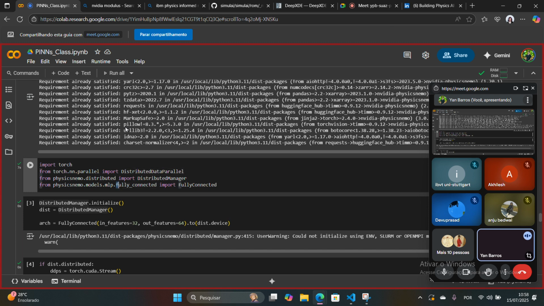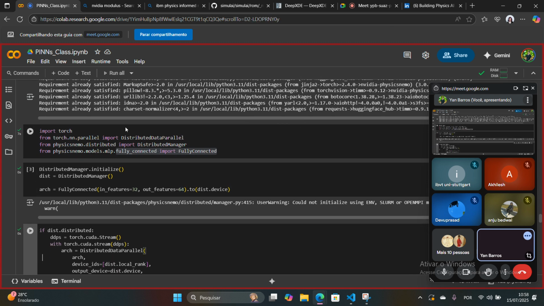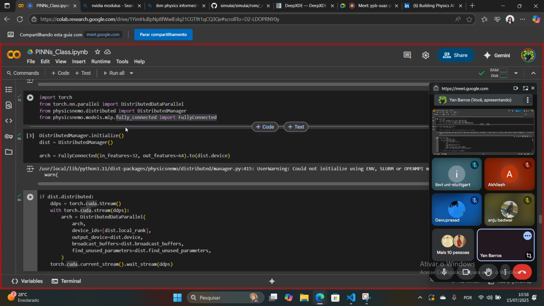Then we load a simple fully connected neural network here, just to show how we can use this. Then we create the architecture here. We put the fully connected, we have the input features, 32, and we have the 64 output features.